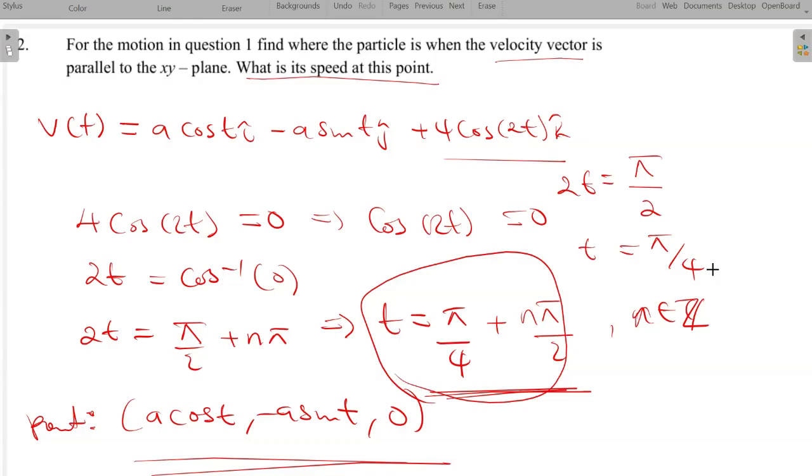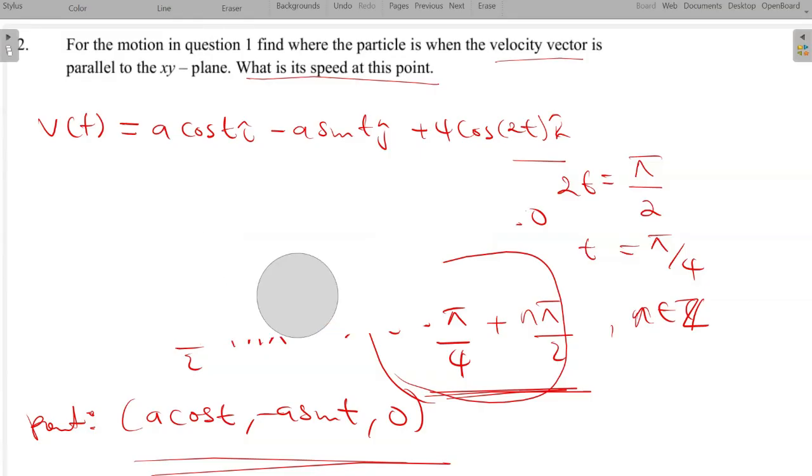Now, they are also telling us to find the speed at that point. How we find the speed is just to find the magnitude of our particle's velocity at that point.